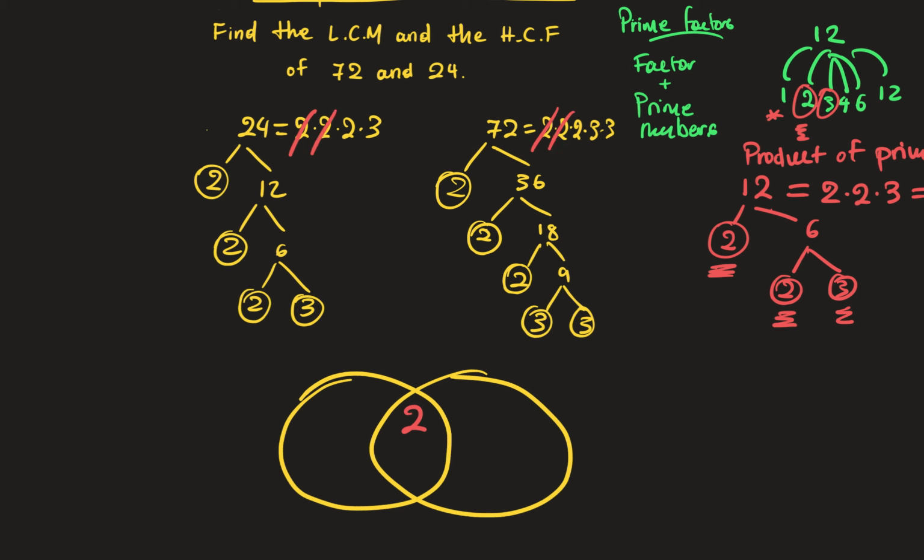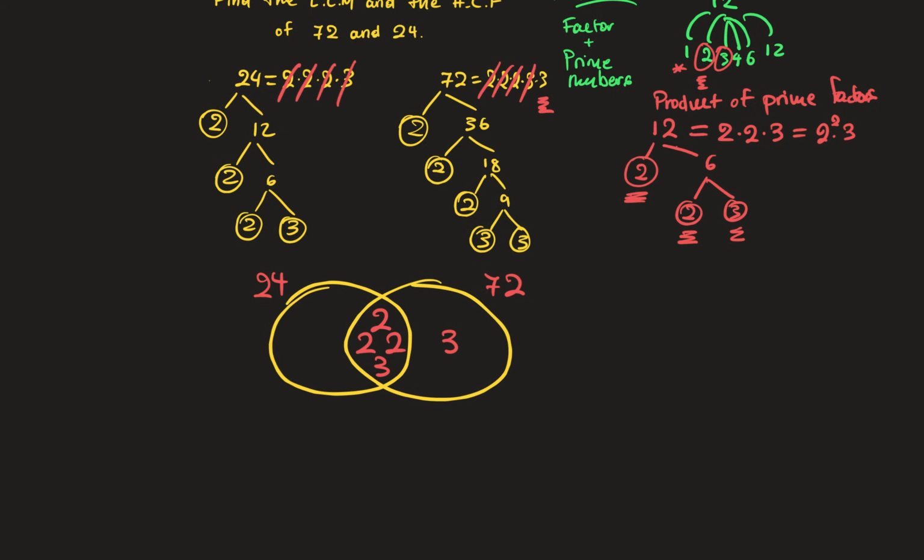We do the same for the second 2, and then the same for the third 2, and then the same for the 3. And of course, the 24 is going to be on this side, and the 72 is going to be this side. What is left now is the 3, which I'm going to put on the side of the prime factors that are leftovers for only 72.